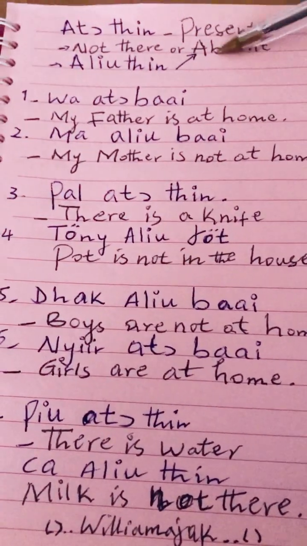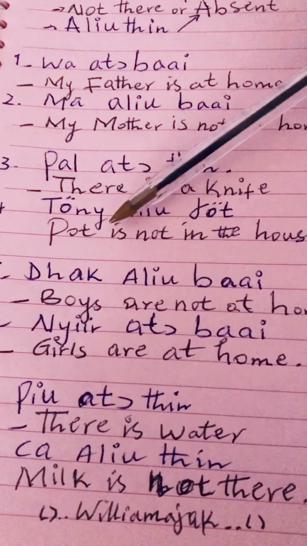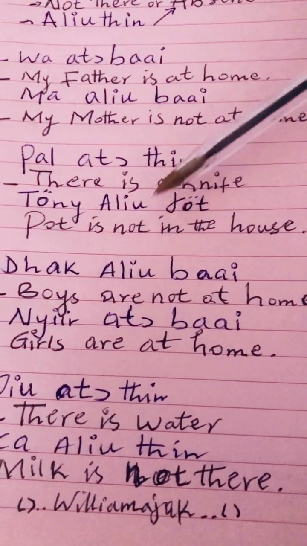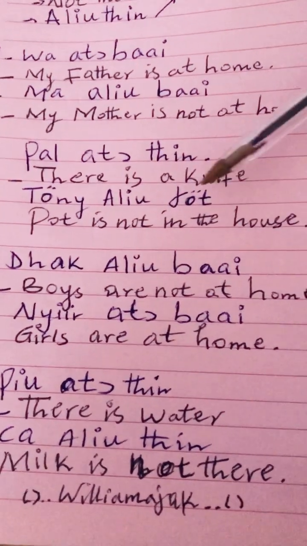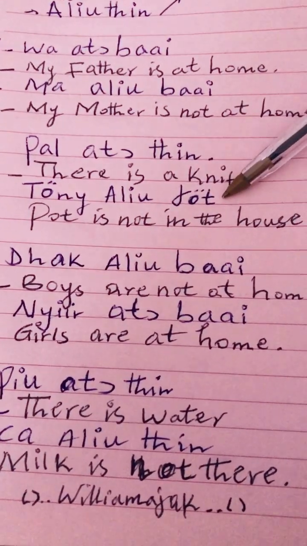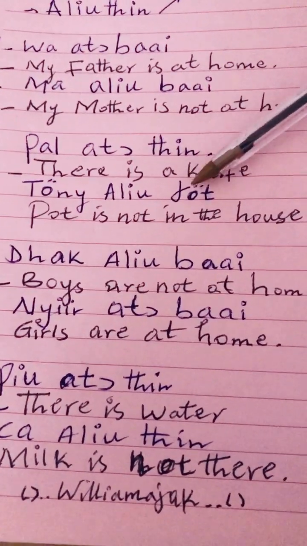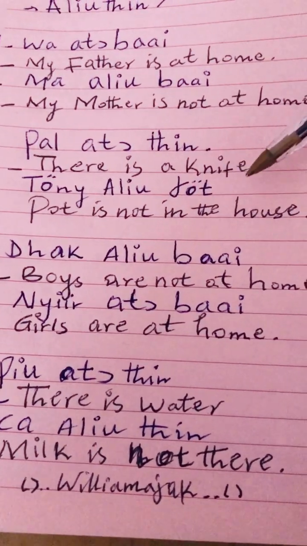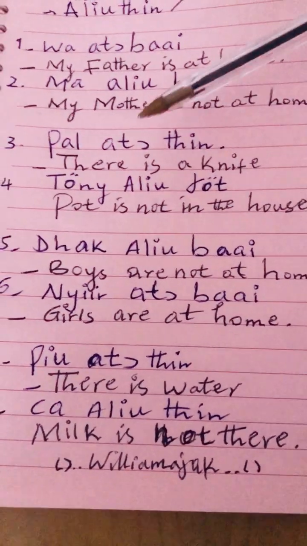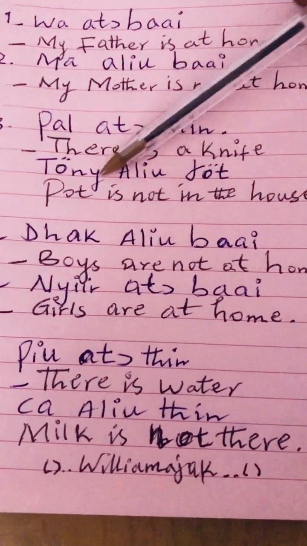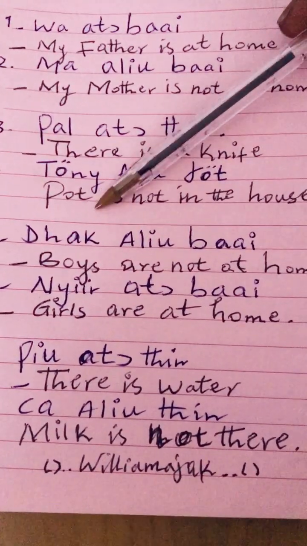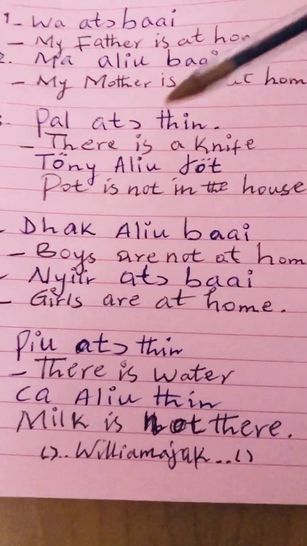So that means the pot is not in the house. Hot means house. You see, guys, pal atau tin, there is a knife. Tony aliu hot, the pot is not in the house.